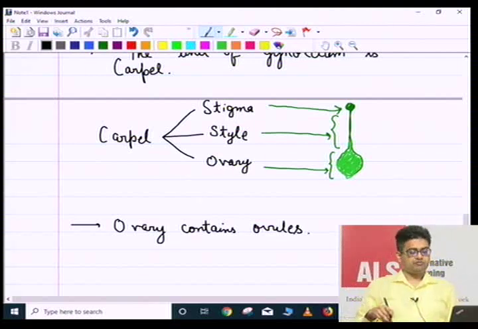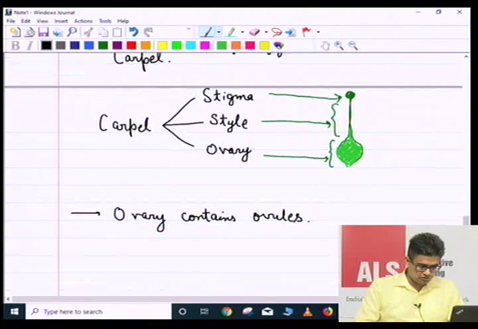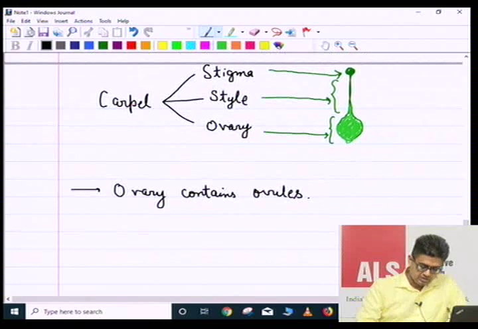Now, we have to write about the condition of ovary and the ovules. So, first of all, we must write about the thing called carpel. Okay. Now, carpel condition and some things you have to write down.